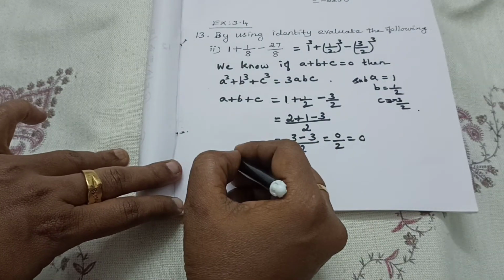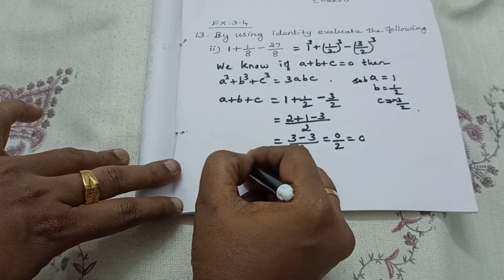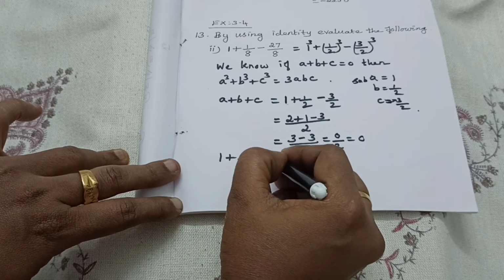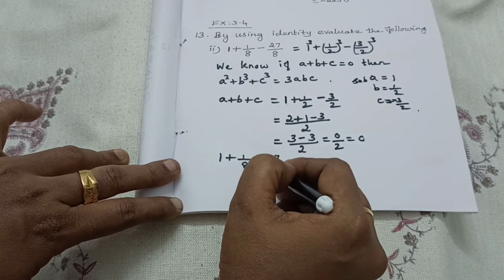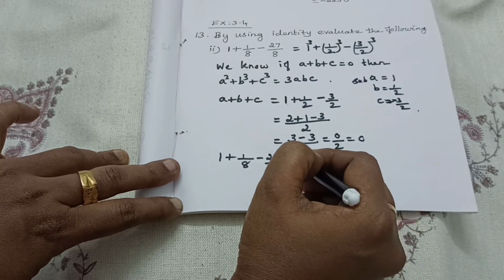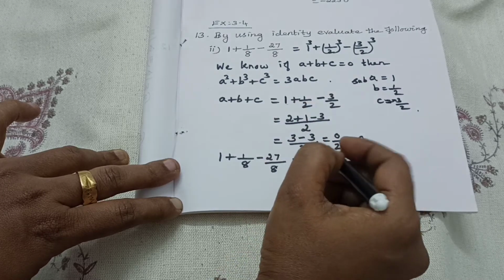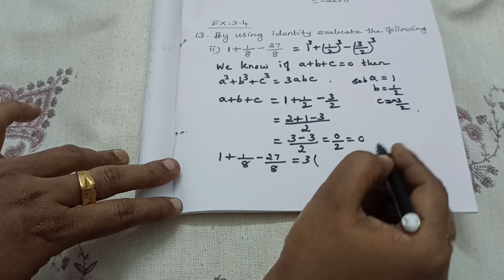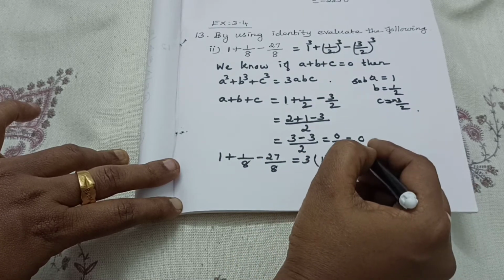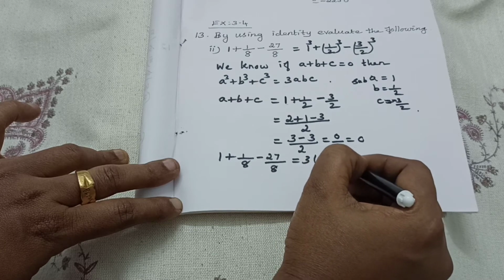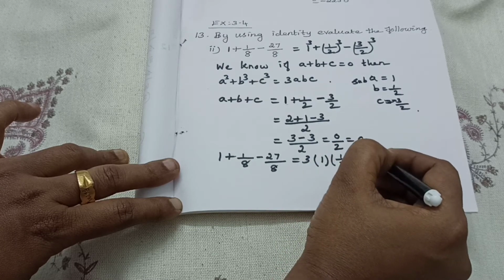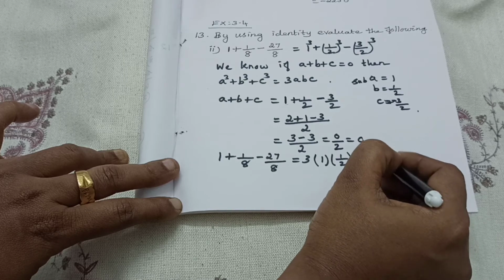Okay. Shall we write the question? 1 plus 1 by 8 minus 27 divided by 8 is equal to, we can use this formula, isn't it? 3 into a is 1, and b is 1 by 2, into minus 3 by 2.